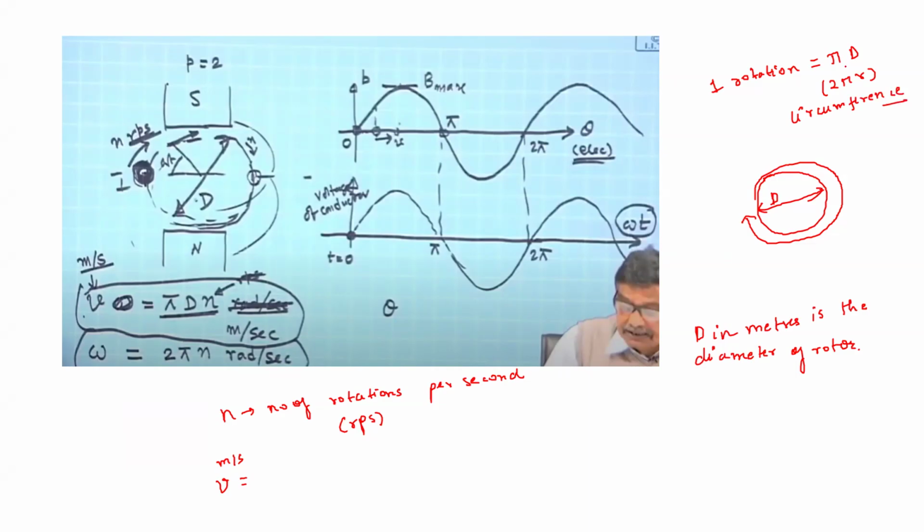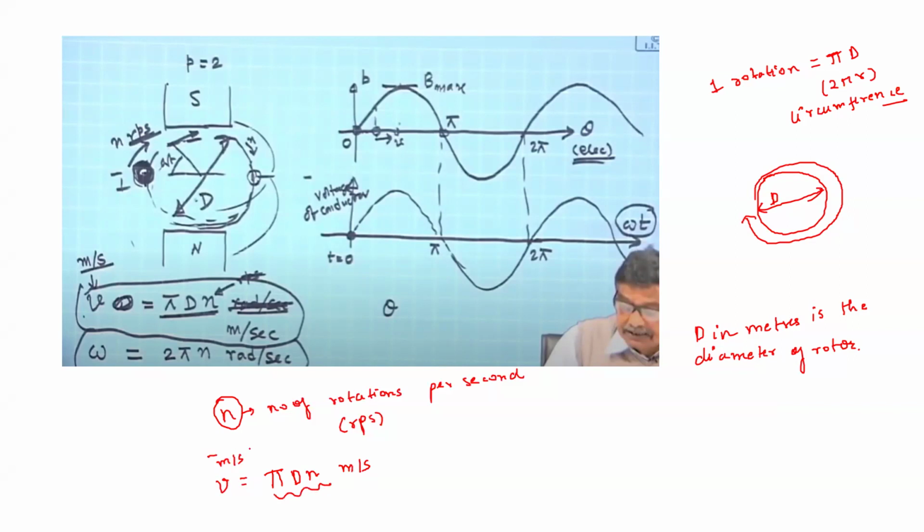But in 1 second, how many rotations are we making? We are making small n rotations. So instead of this 2 pi r, we are claiming that in 1 second we have made the rotation n times. So the speed will be pi dn meter per second, because in 1 second we are moving pi dn meters.